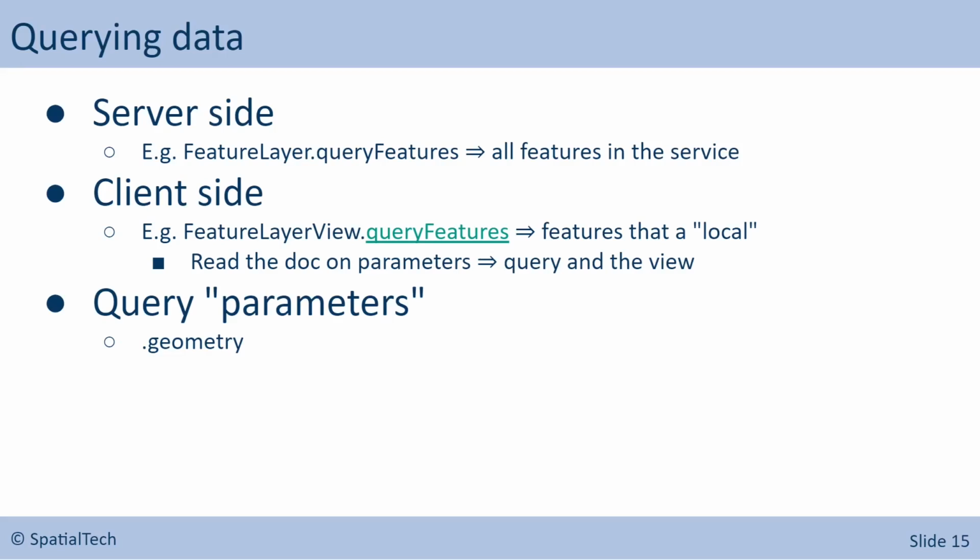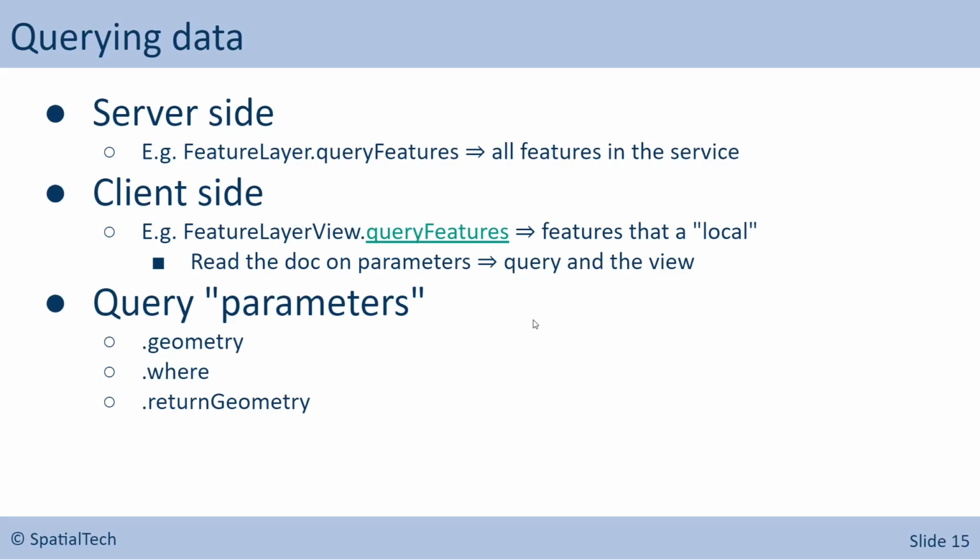Typically, what you might want to do in our case is take the box that represents where the map is currently looking, so map view dot extent, and say, hey, only features inside this box, or that interact with this box is another question. Do they have to be completely inside? There's usually a where clause, so you don't have to use it, but you can say, hey, only where fire hydrants are red, and that kind of stuff.